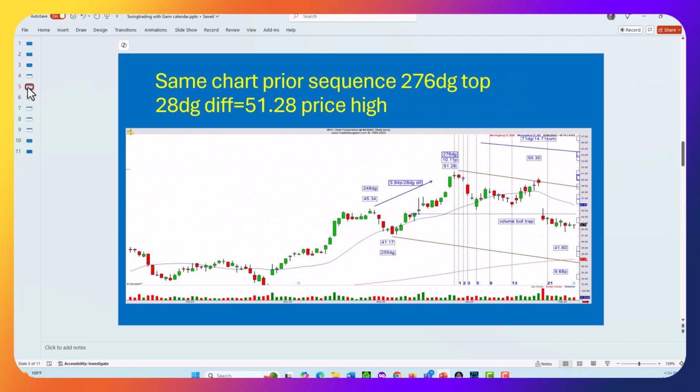Okay, so this is the same Intel, but it's the prior sequence. Remember the prior slide was 176 days down? Well, it was actually 176 days down from this peak, which came in on the 276 DG day of the year on the Gann calendar.